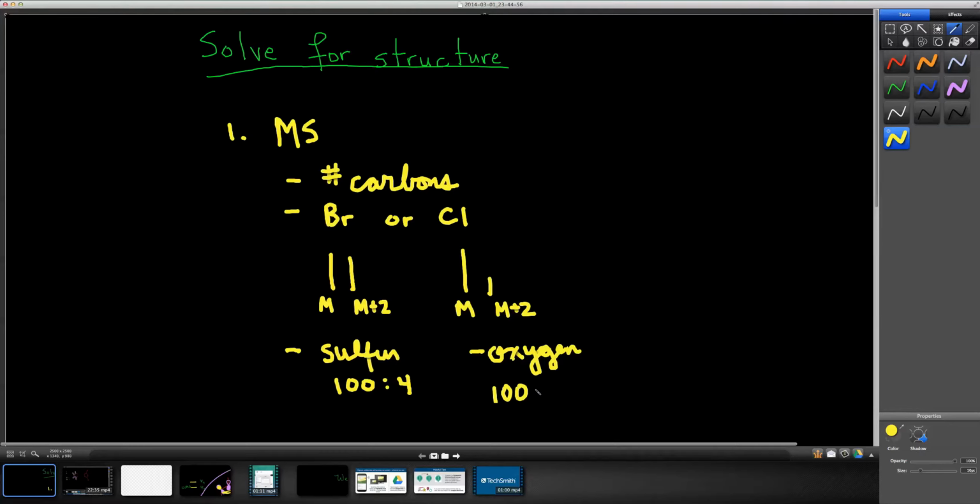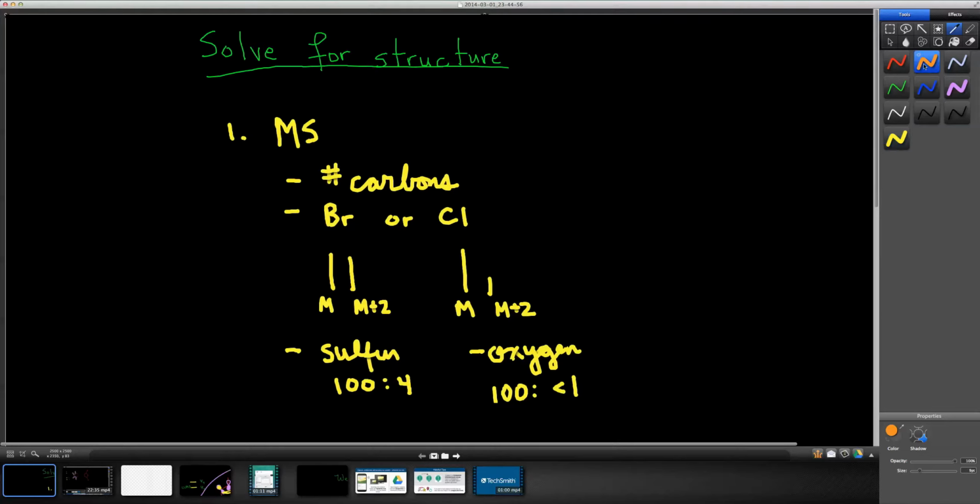So you're looking at a ratio of 100 to less than 1. And again, we won't see this demonstrated very often. These are three great things to look for on the mass spec.